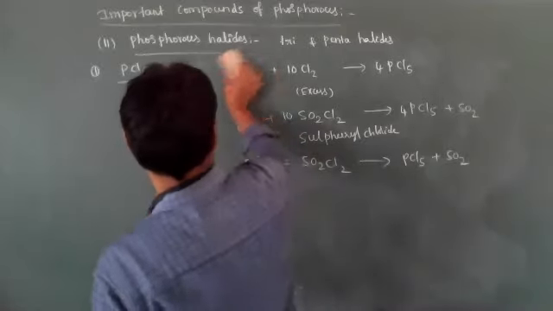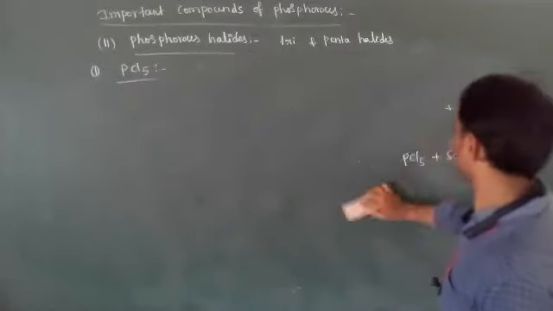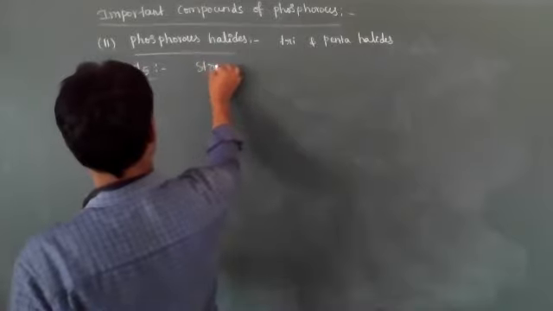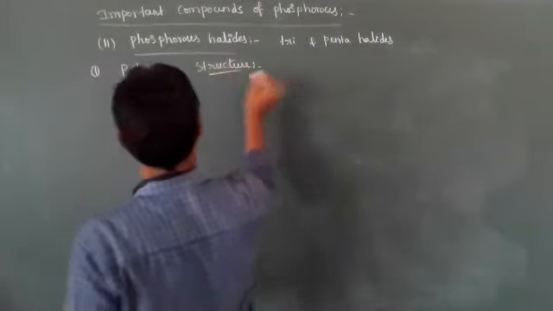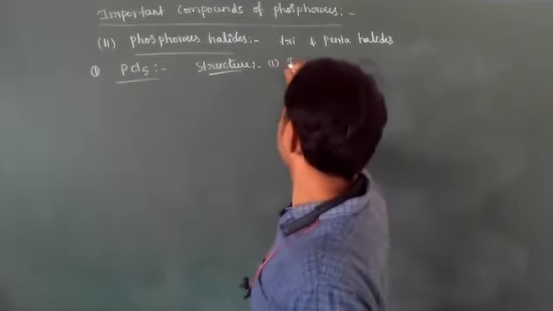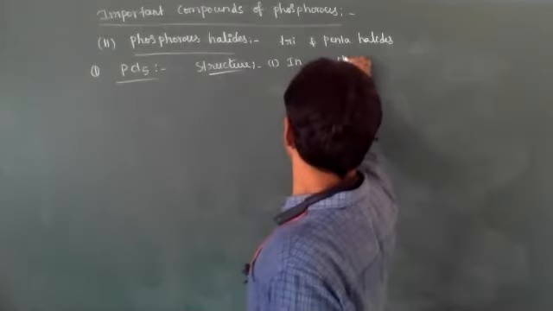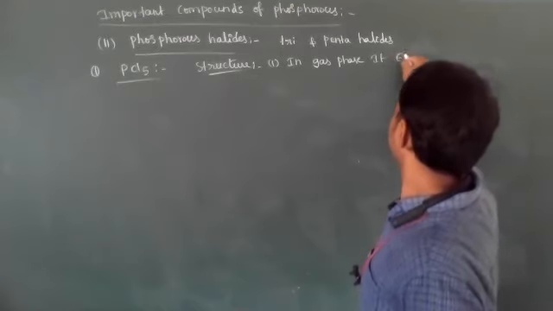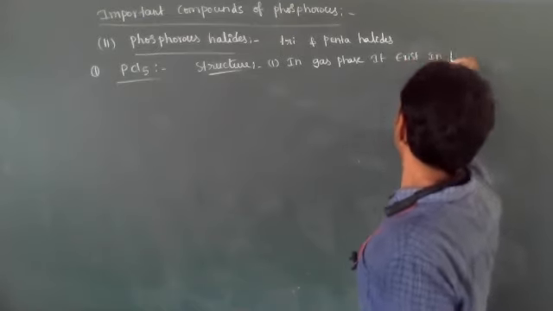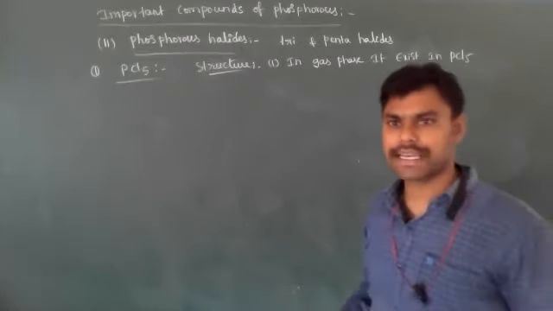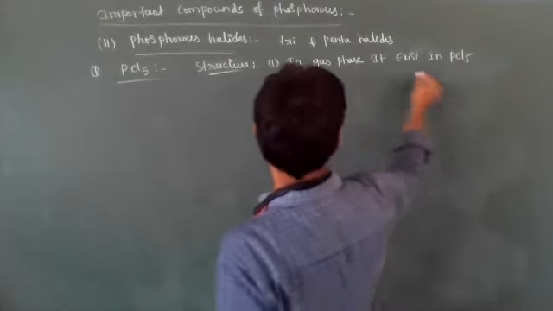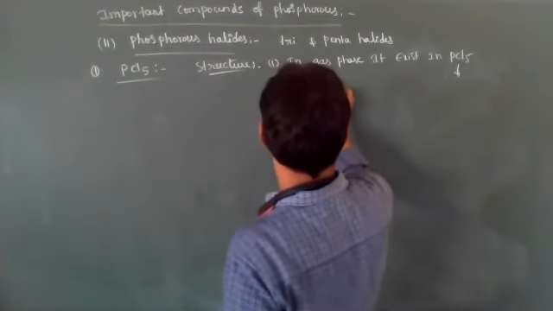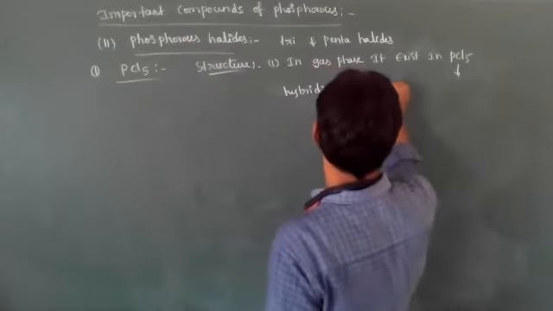These are the important preparation methods of phosphorus pentachloride. Now let's see the PCl5 structure. In gas phase, it exists as PCl5. Its hybridization is sp3d.